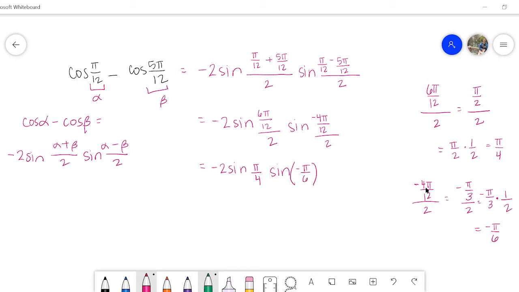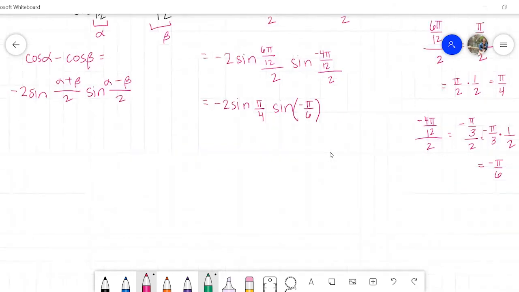Now, I'm actually going to go one more step with this that's different, and it's not because it's radians. It's because we have a negative inside of this function, and that's not very common. So when we see that, use your even and odd function characteristics. Sine is an odd function, right?